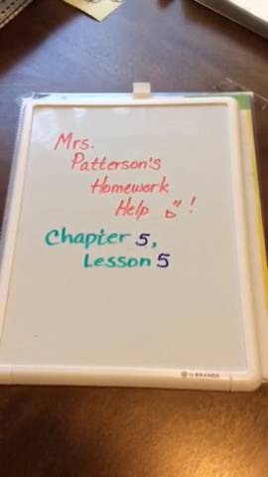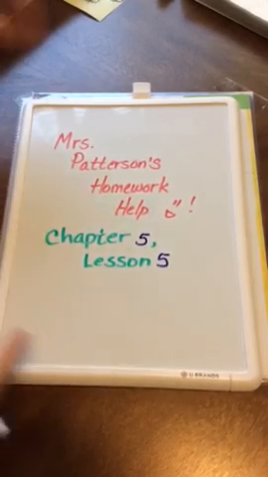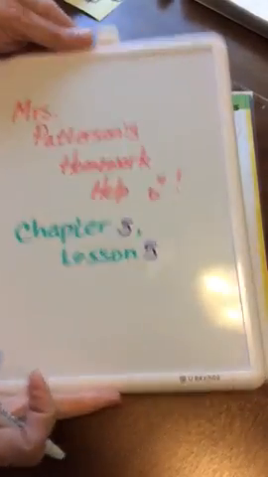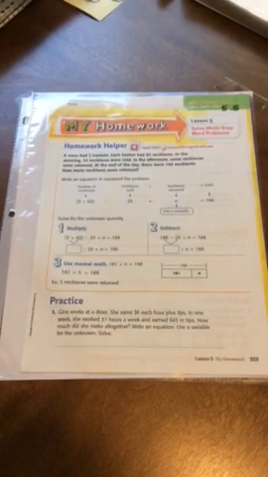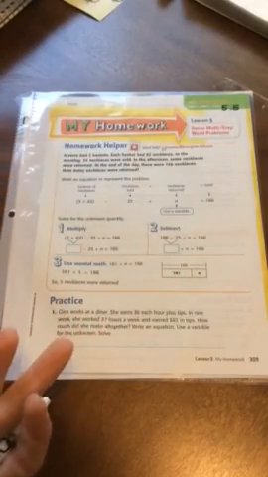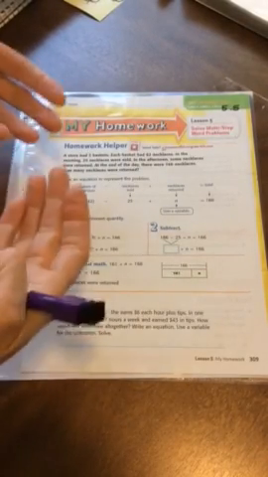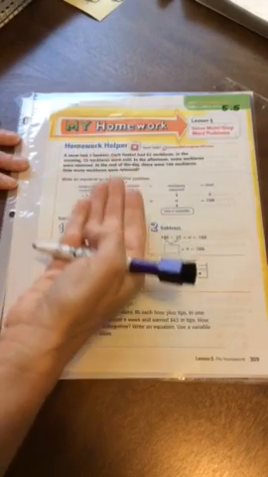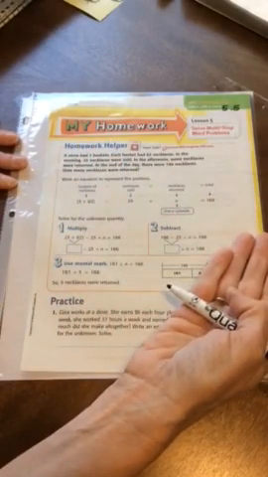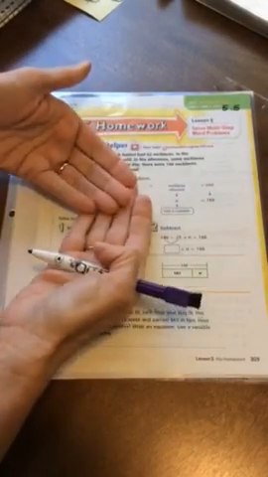We are on Chapter 5, Lesson 5 for Math, and today we're going to be going over how to solve multi-step problems. Often in math, it's not a simple thing like, what's 2 plus 2? It's 4. No, you usually have a complicated math problem where there are all different types of things to solve, and then you put them together to get the answer.